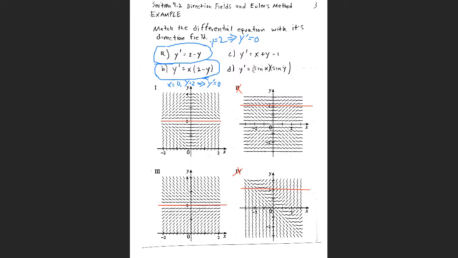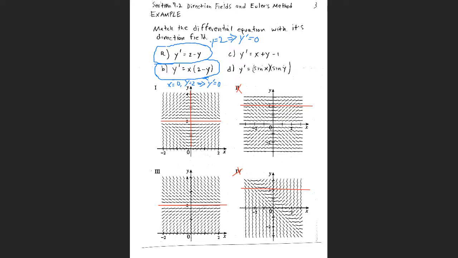Well, let's take a look here. So x equals 0, is that a horizontal line or a vertical line? Vertical. So I'm going to draw x equals 0 right here. Do the slopes look flat along x equals 0? They do.